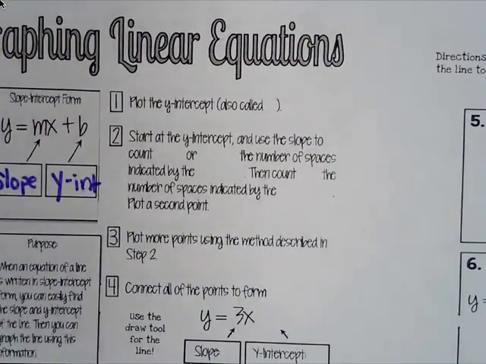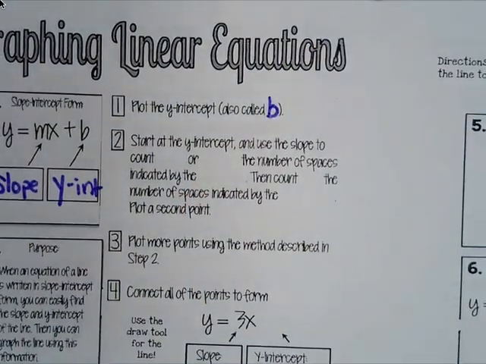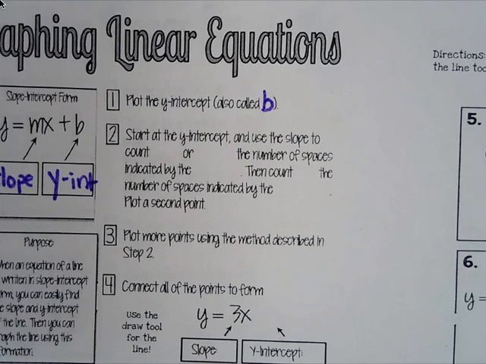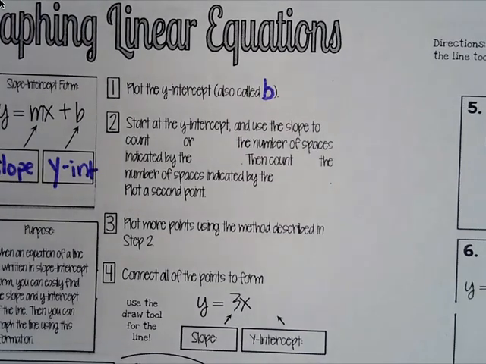So the way you graph, number 1, is plot the y-intercept, also called the b. That's where you start. Then you have your pencil at your y-intercept, and then you count.